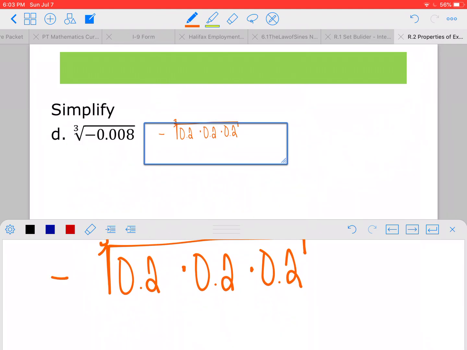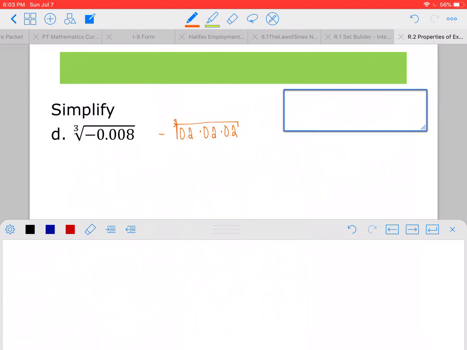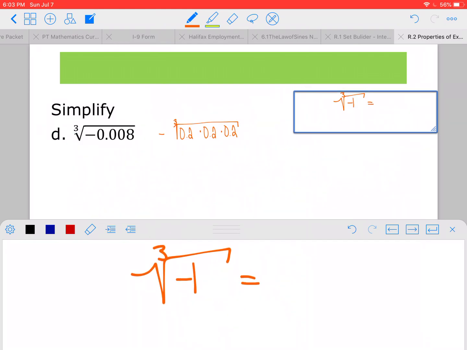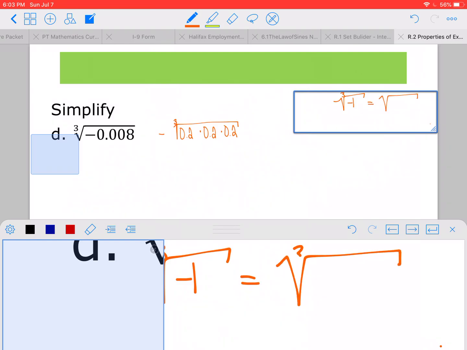Now the reason for this is, let's go to the side and look at this. If we had the cubed root of negative 1, well, that could be the cubed root of negative 1 times 1 times 1. That gives you a negative 1, right?